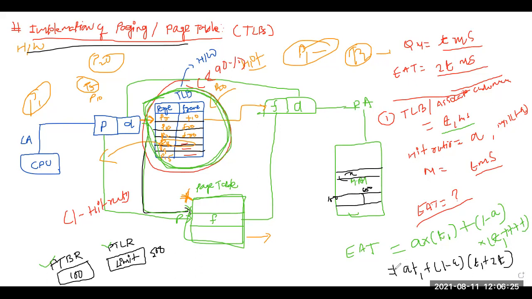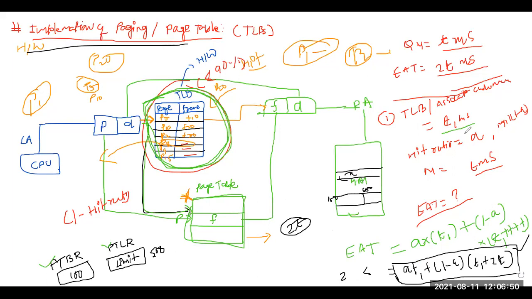This is your final access time, and it is always less than twice the T. Without TLB it will take 2T, and with TLB the access time will be this one.